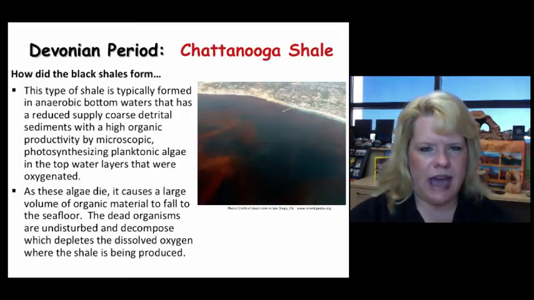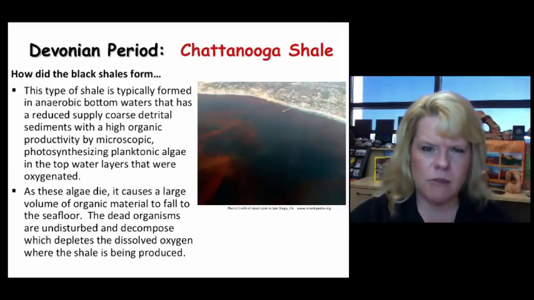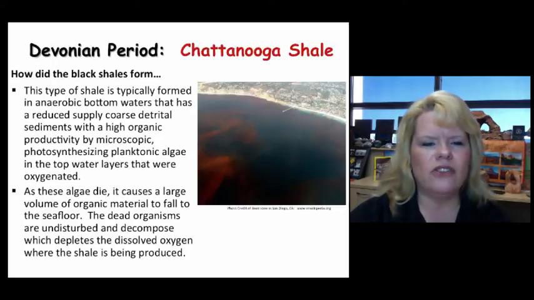So here's what we think happened to form the Chattanooga Shale. We think that detrital materials kind of slowed down coming off of the highlands, and we've created these shallow epeiric marine settings where the ocean bottoms became anoxic. They lacked oxygen.